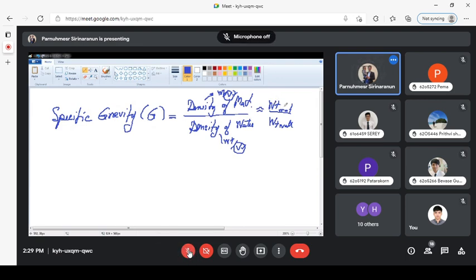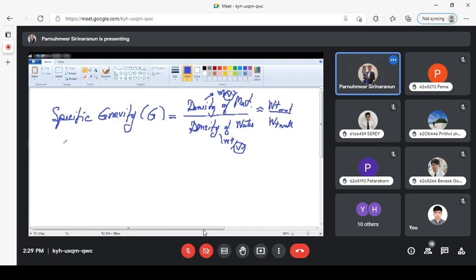So this specific gravity tells how heavy your material is compared to water.